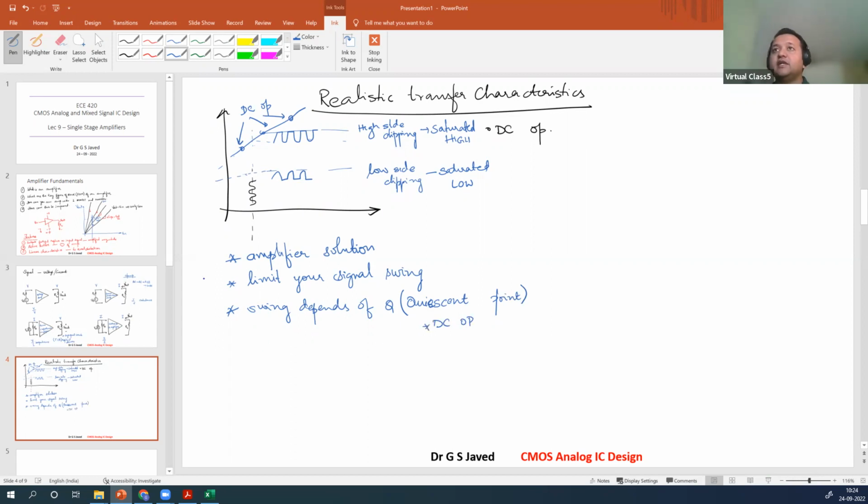Now, other desired features. There are many desired features that you need to have. And this is where a lot of activities happen. So first one is low power. This is always an innovative area. You can always get a lot of new items here, right? Second, wide frequency response.